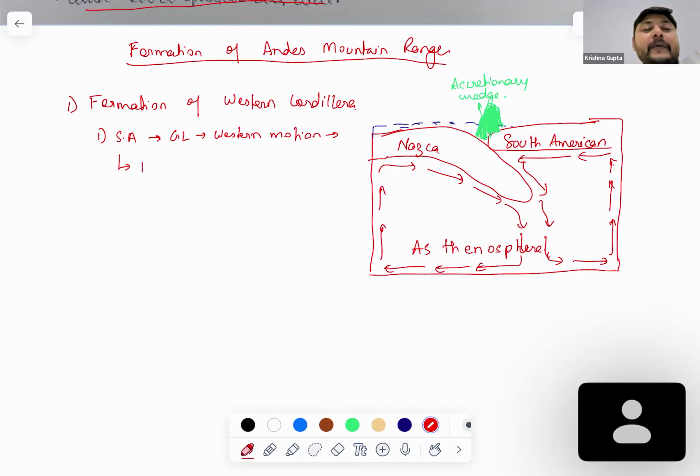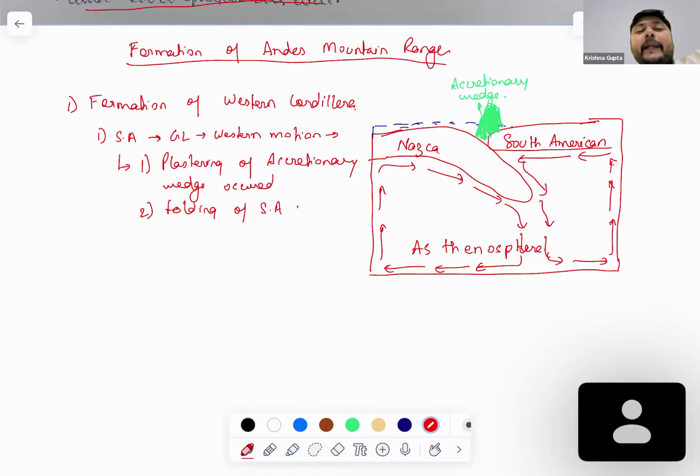So here, first, plastering of the accretionary wedge occurred. Then number two, folding of the South American plate occurred. Now, in the third part, a certain amount of water is also present over the Nazca plate.